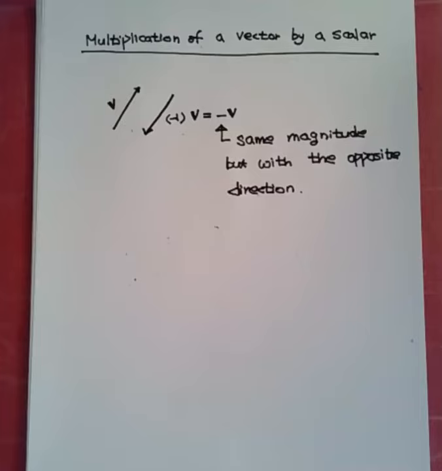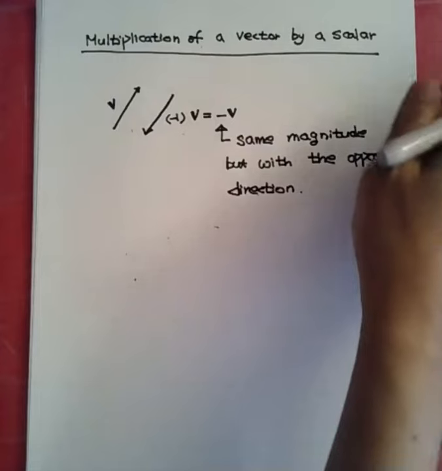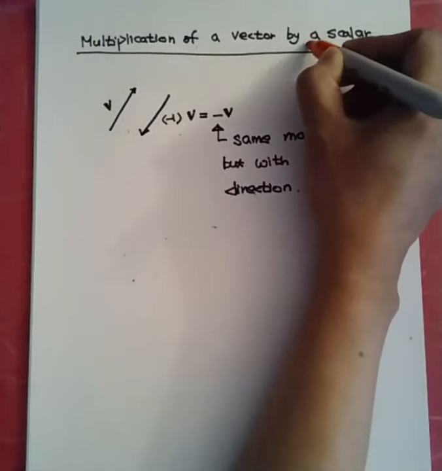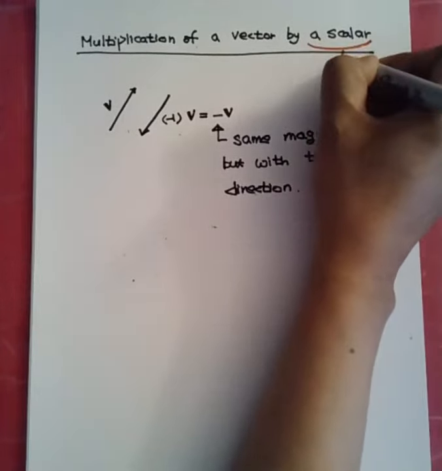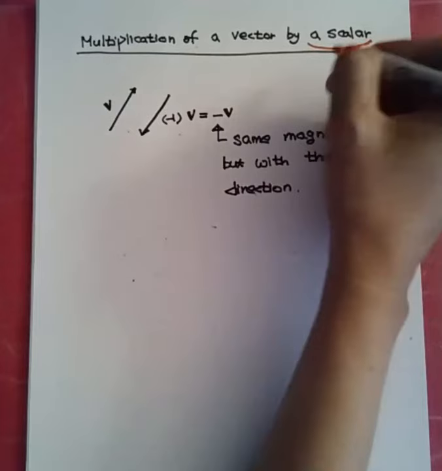We can multiply a number to the given vector. When we multiply a number to the vector, that multiplied number is called a scalar.